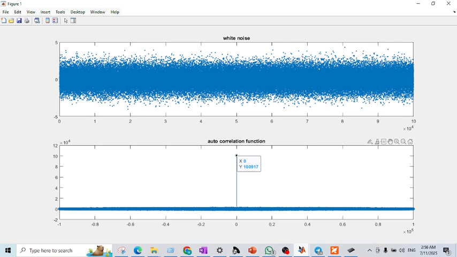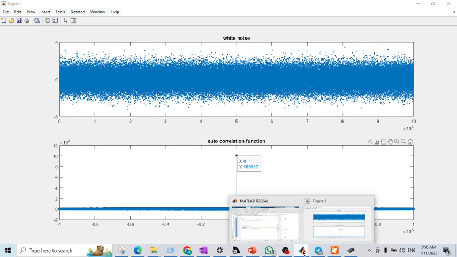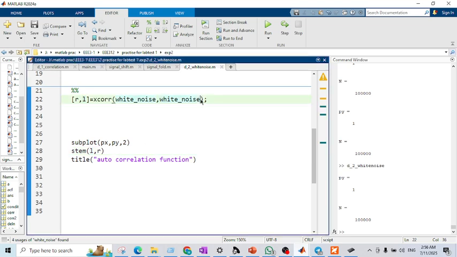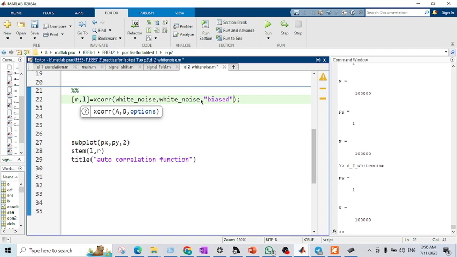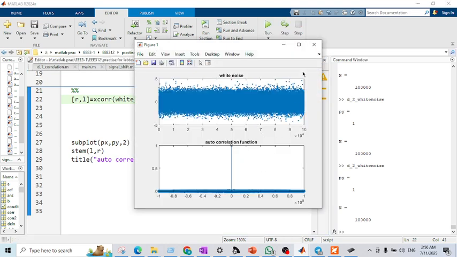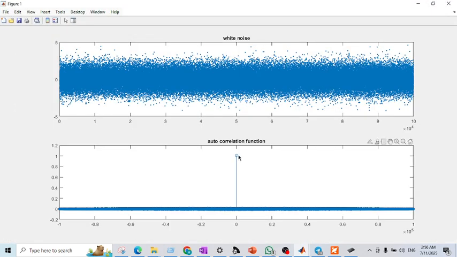Now let's do one thing. Let's write 'biased' here, then all the values will be normalized. So now you can see that this value has become 1 or quite similar to 1, and these other values are so small, tending to 0.